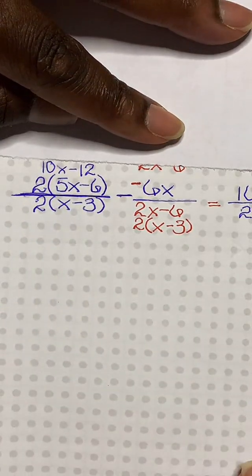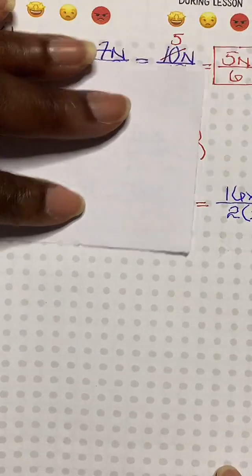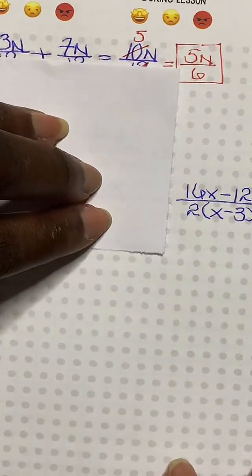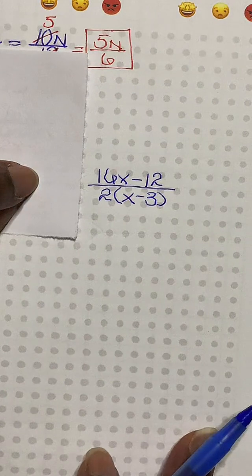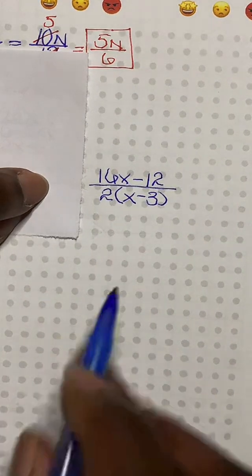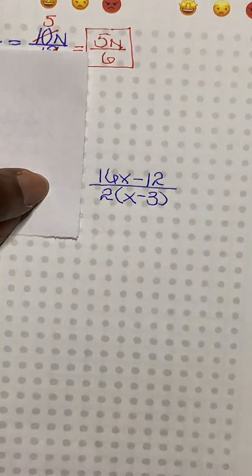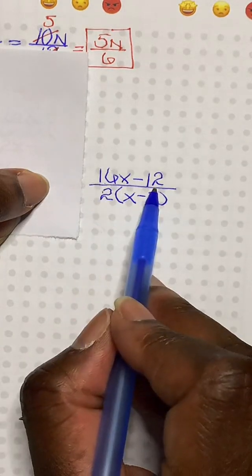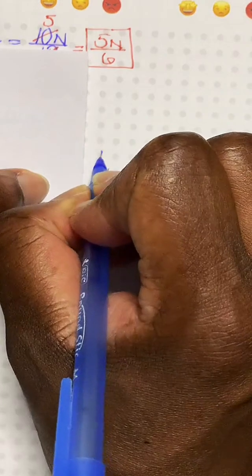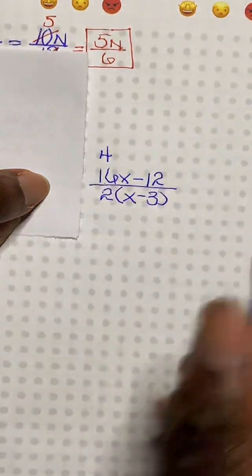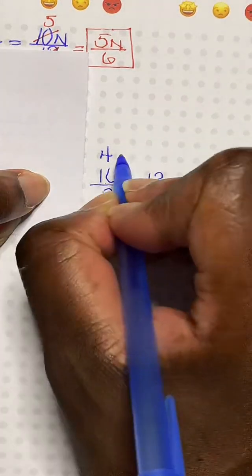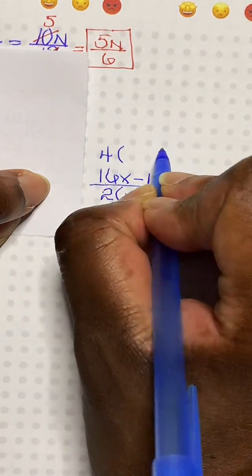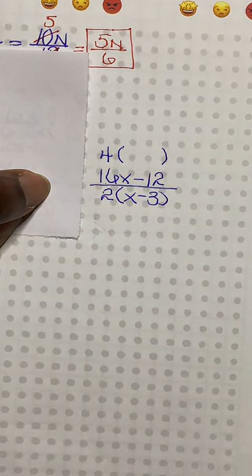So now that I combine my like terms, now I want to factor. The denominator is perfectly fine. What I can pull out with the 16 and the 12, and I think someone said it earlier, is a 4. That would be my GCF.